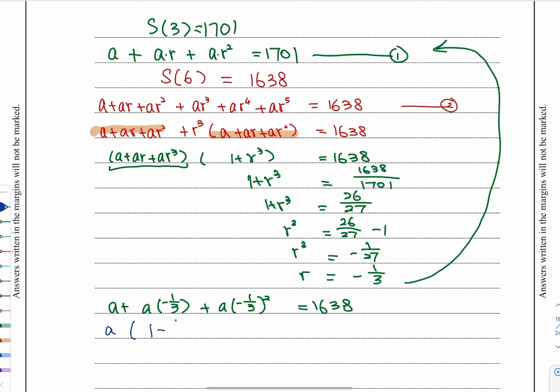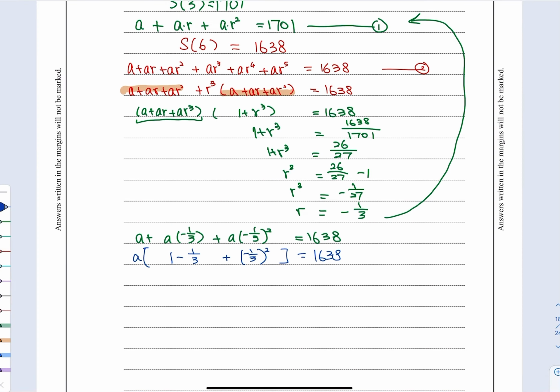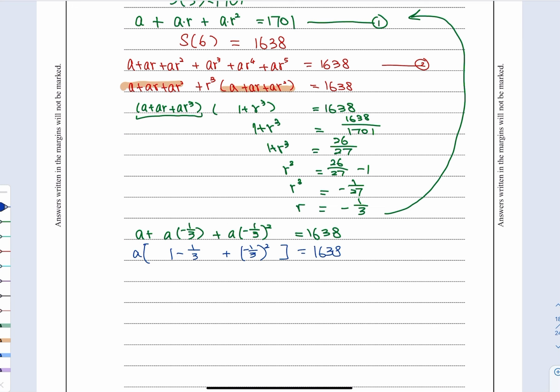So A times (1 minus 1 over 3 plus 1 over 9), put a big bracket. And then because they are all numbers, you can click on the calculator, and you will be able to get A as, for this whole bracket thingy, 7 over 9.